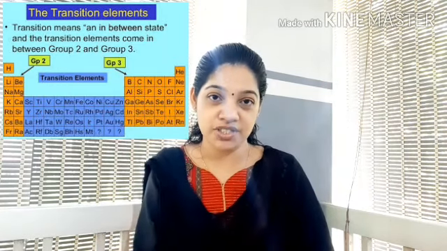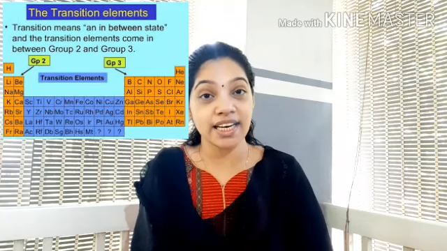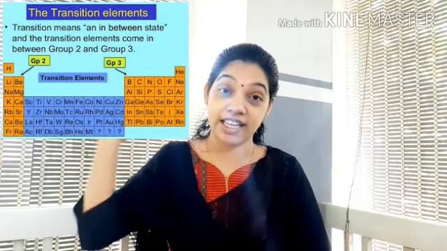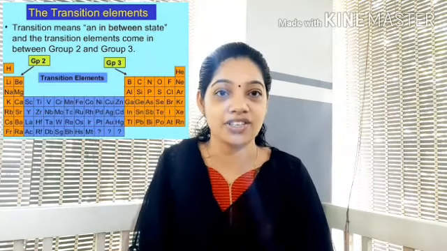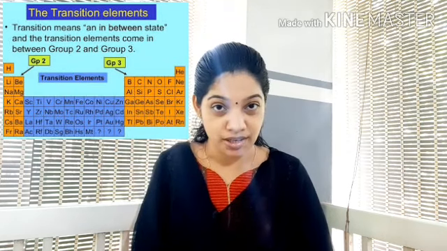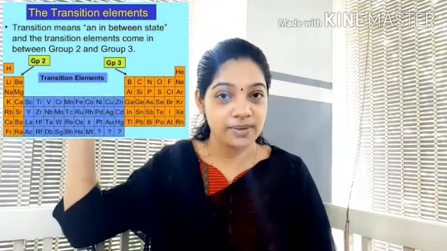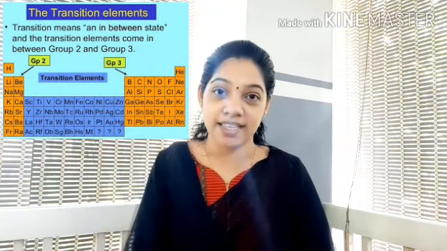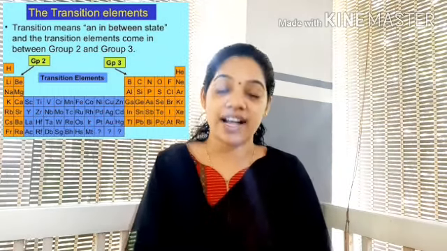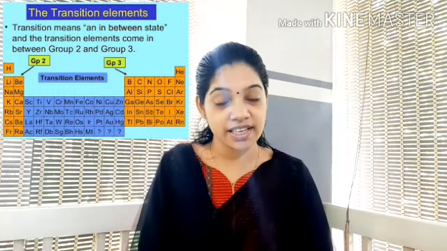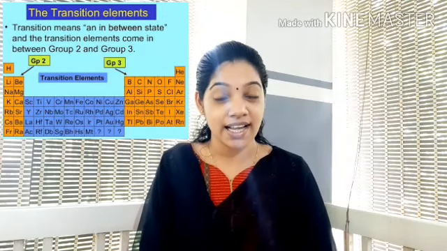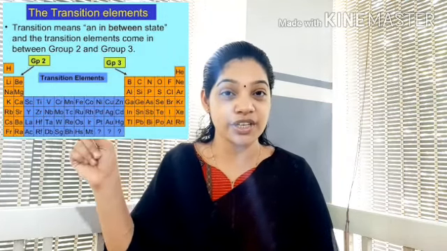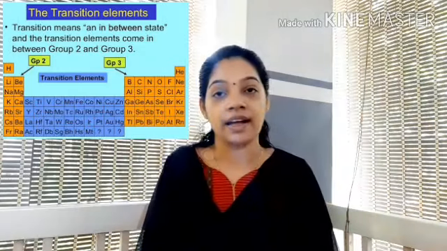The first transition series we call the 3d transition elements or the 3d series because electrons are entering the 3d subshell. Its elements start from scandium to zinc. Then the second transition series, or the 4d series, starts from yttrium to cadmium.